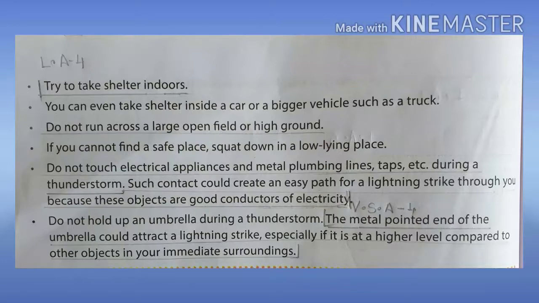Second, do not run across a large open field or high ground. And third, do not touch electrical appliances and metal plumbing lines, taps, etc. during a thunderstorm, because such contact could create an easy path for the lightning to strike through you, because these objects are good conductors of electricity. This is your long answer 4.